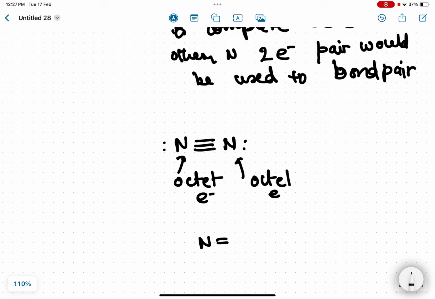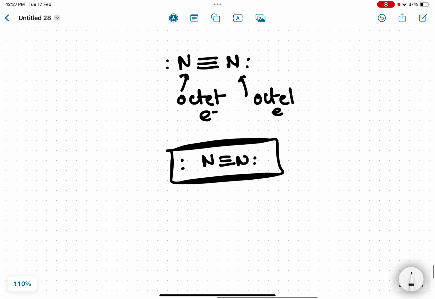So nitrogen triple bond nitrogen, and this is the final Lewis structure of nitrogen.